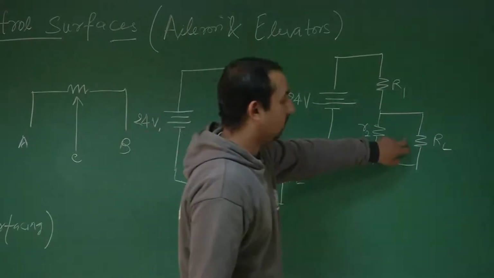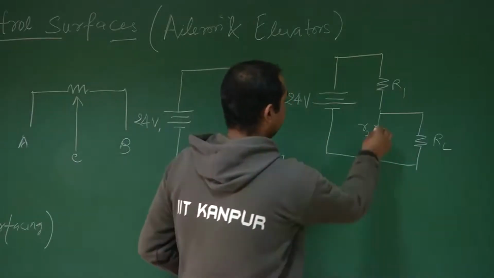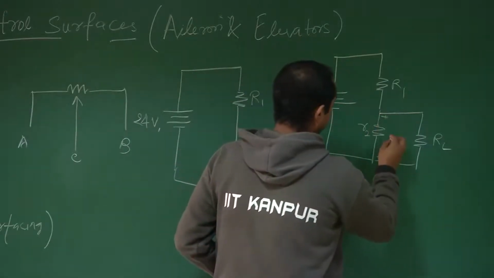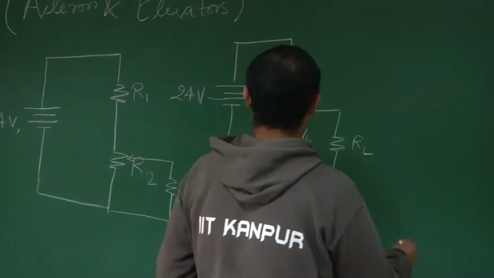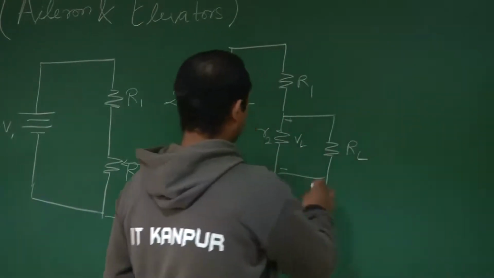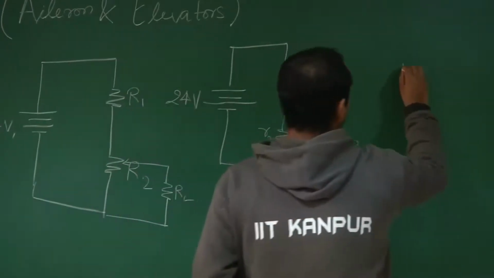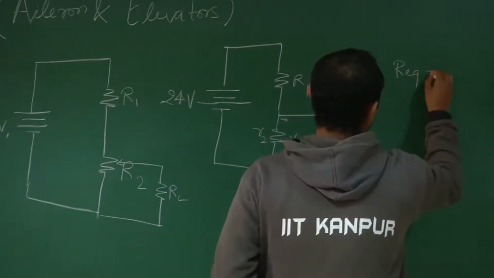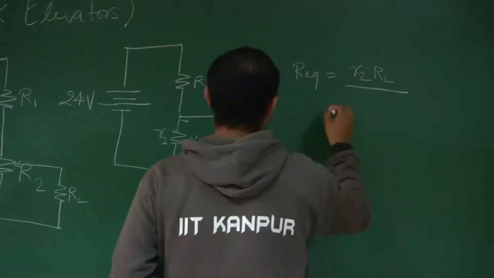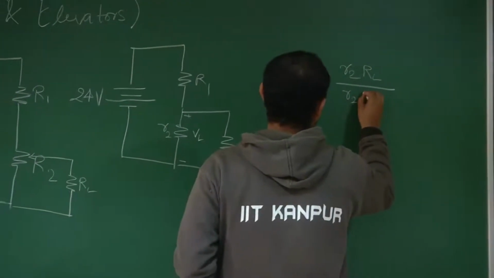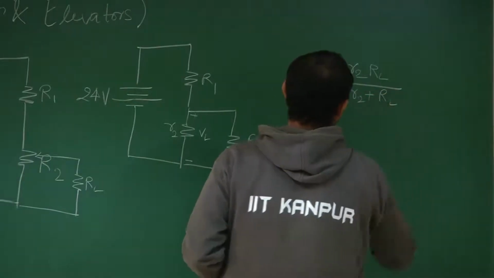So the voltage across this load resistance will be the voltage across this VL, which can be determined using formula. The equivalent resistance between these two will be R equivalent equals R2 RL by R2 plus RL.